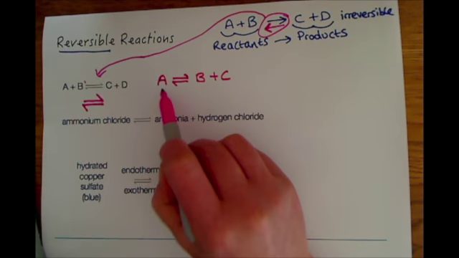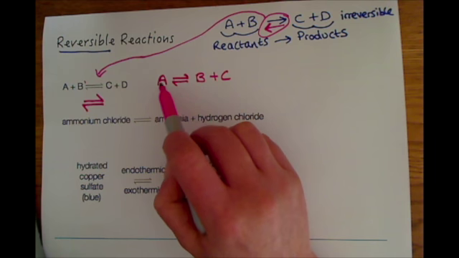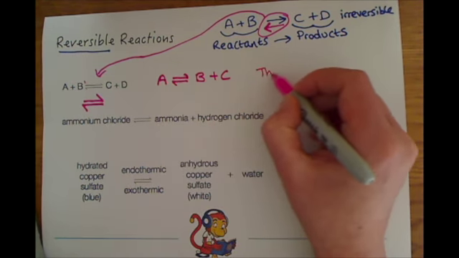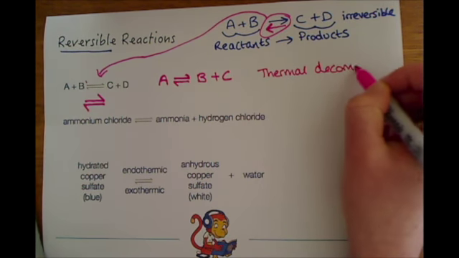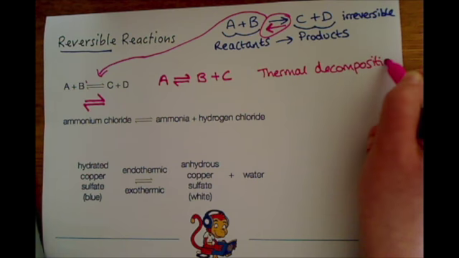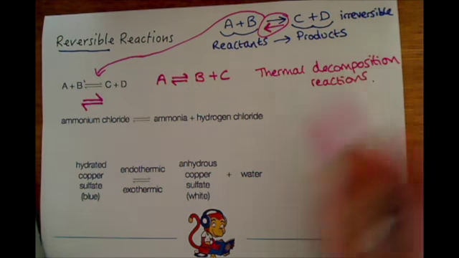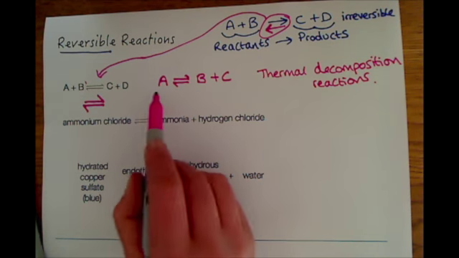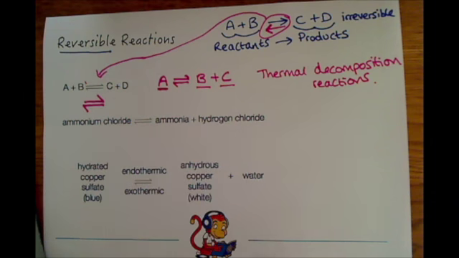And normally when you see a reaction that only has one reactant here, it is often something that's broken down by heat. So we call reactions broken down by heat thermal decomposition reactions. So in reversible reactions you may see two or more reactants here, but just be aware that you also might just see the one reactant and two or more products as well.